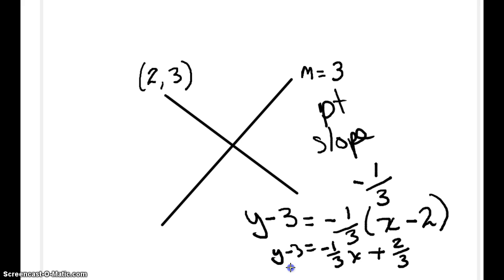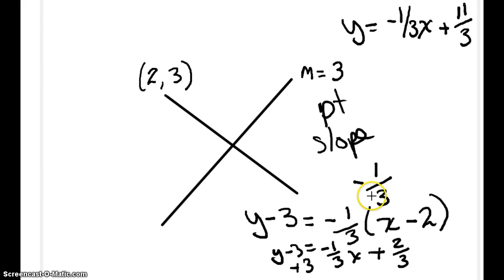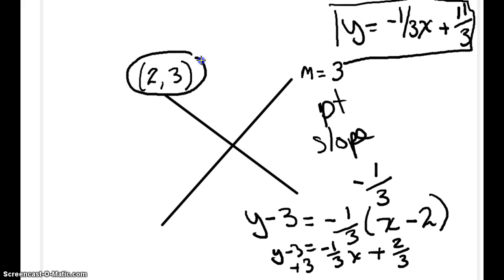Y minus 3, add 3 to both sides, and it obviously gets a little messy here, but we end up with y equals negative 1/3 x plus 11/3. How could we check that? We can go into our calculator, put y equals negative 1/3 x plus 11/3, and it better go through the point 2, 3.